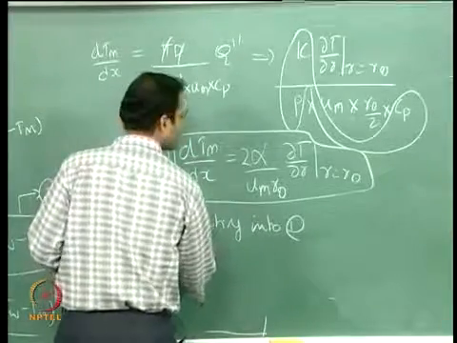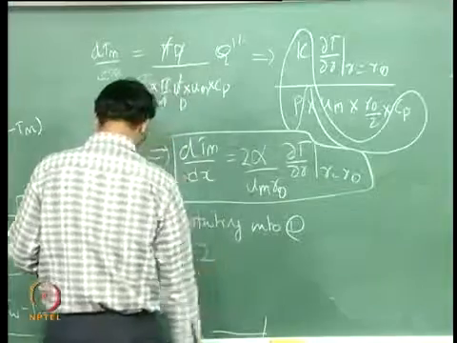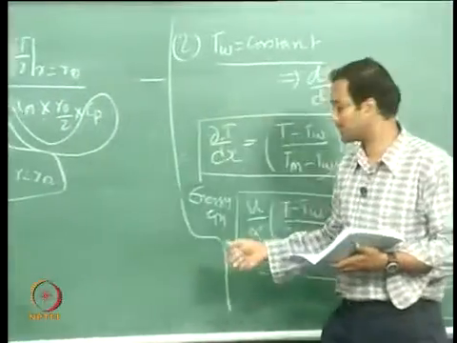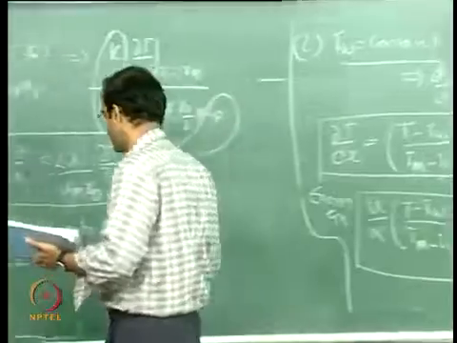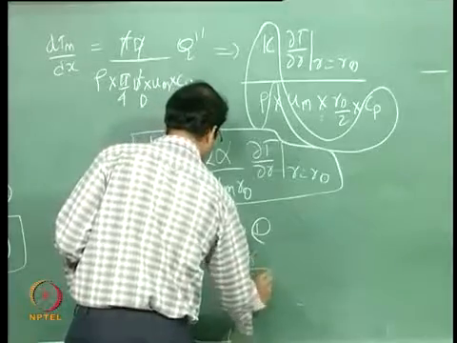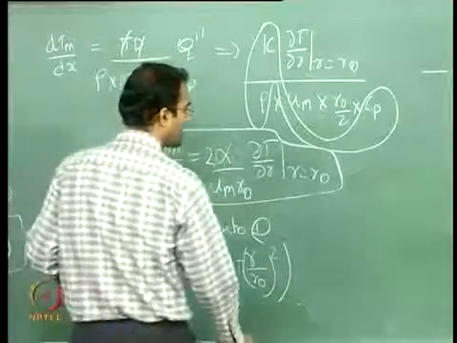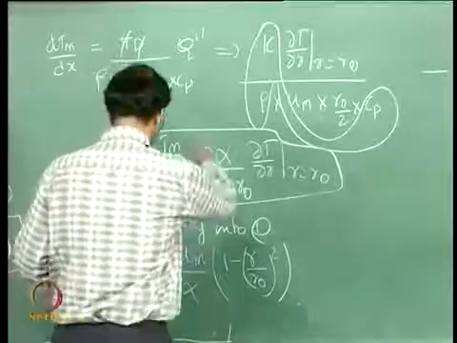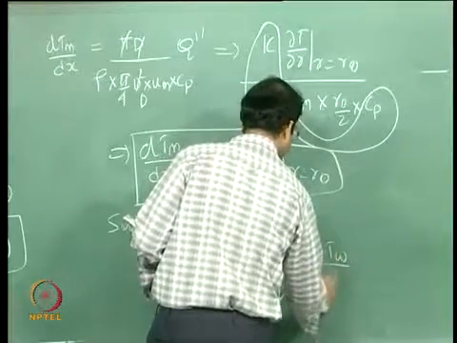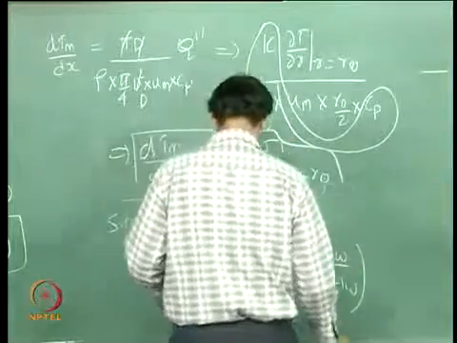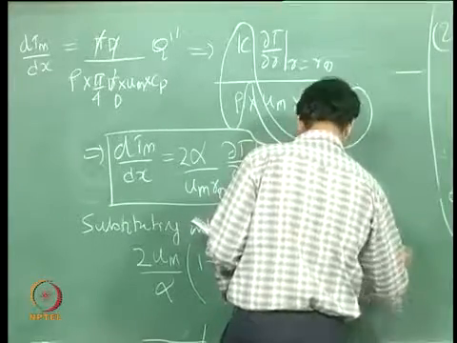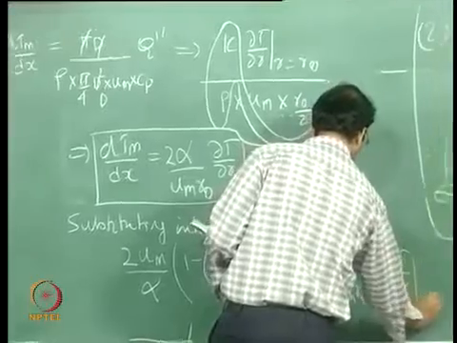On the left hand side I am going to substitute my fully developed velocity profile for u, so that will be twice um into (1 minus r by r naught) the whole square, by alpha, and dTm by dx is substituted from here, so this is (T minus T wall) by (Tm minus T wall), and dTm by dx will be 2 alpha by um r naught into dT by dr at r equal to r naught.